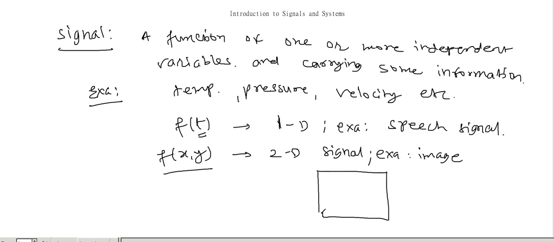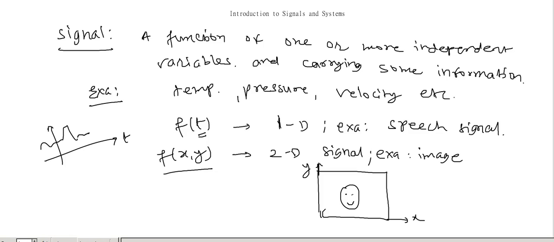Suppose this is an image, and this axis could be x, and this could be y axis, and these x and y values define the pixel values in the image. Okay, and this 1D signal could be a speech signal.